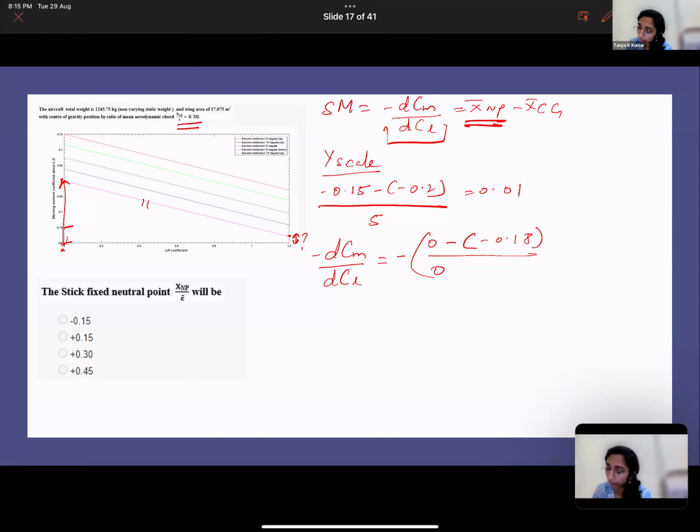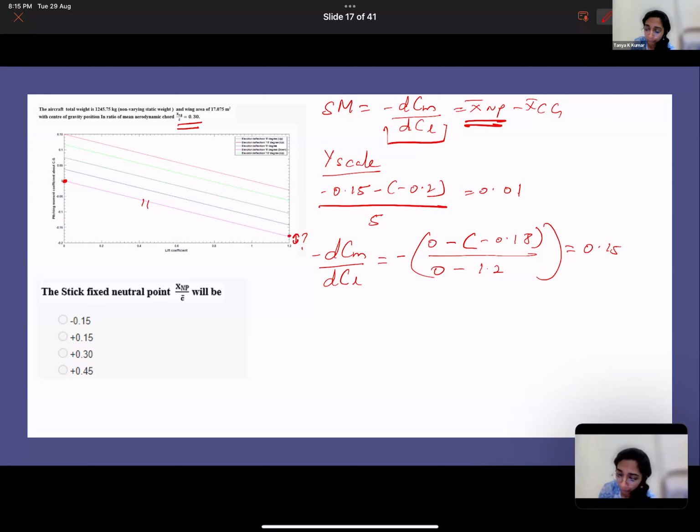Okay, so at this point, both CM and CL are 0. So I've just taken 0 minus 1.2. This gives you 0.15. Is this clear? DCM upon DCL, how it became 0.15? The CM at this point is 0.